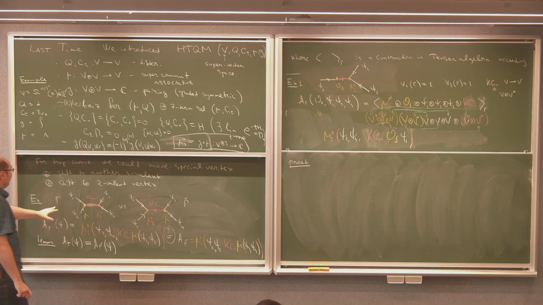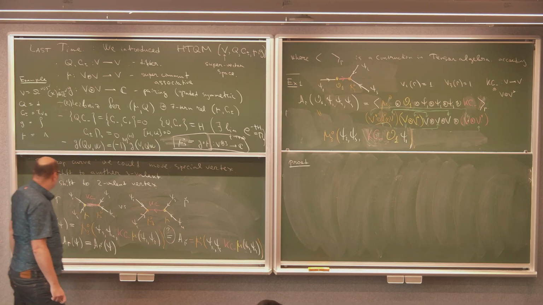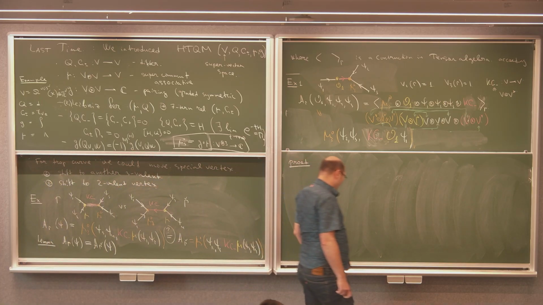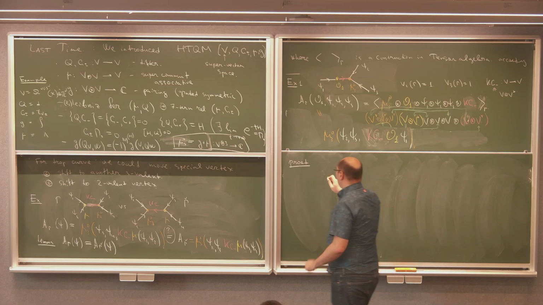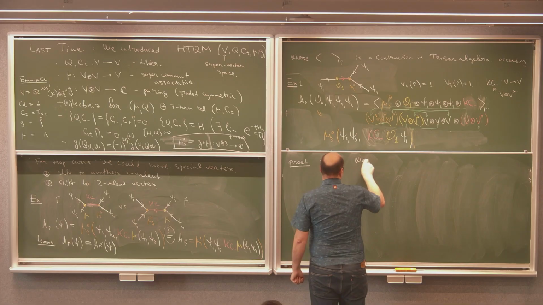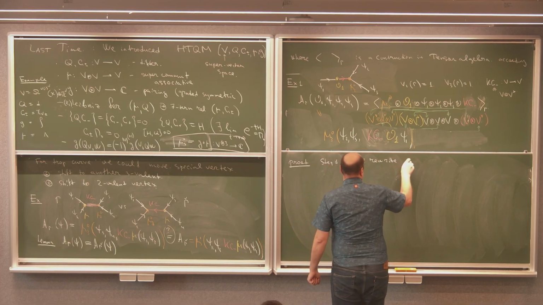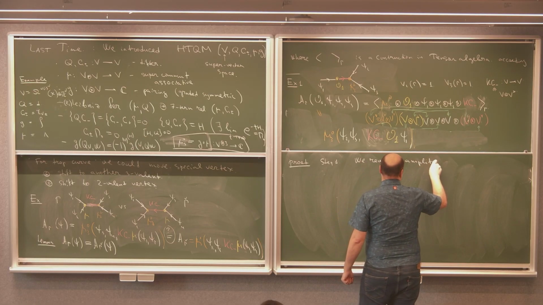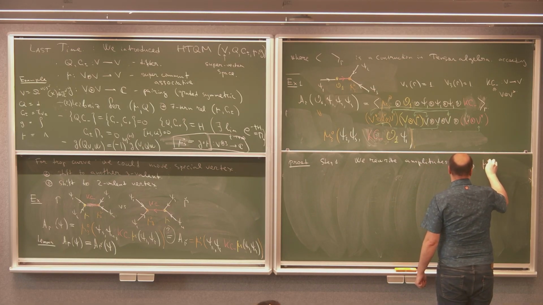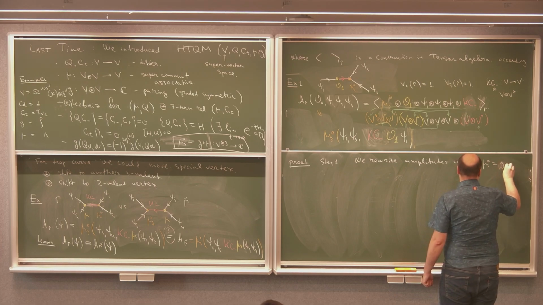One step would be specific for this choice of gamma and gamma check, while the other step would be somewhat more general, and we will use it as a building block for proving a more general version of this lemma in the form of a proposition. So let's do step one. Step one is we rewrite the amplitudes using the explicit form that mu3 is a composition of G and mu2.